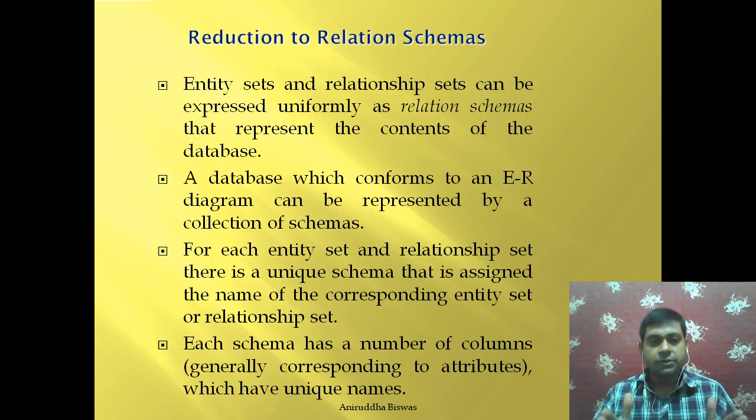A database which conforms to an ER diagram can be represented by a collection of schemas. For each entity set and relationship set, there is a unique schema that is assigned the name of the corresponding entity set or relationship set. Each schema has a number of columns, generally corresponding to attributes, which have unique names.